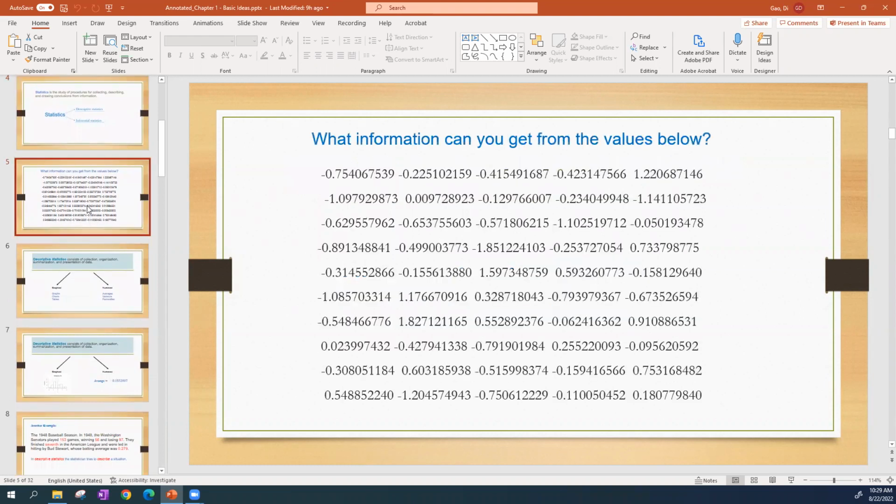Let's now look at this data set. So what information can you get from the values below? We already spent a couple of seconds reviewing the information, but we don't think that we can get any information directly from a lot of numbers right here.